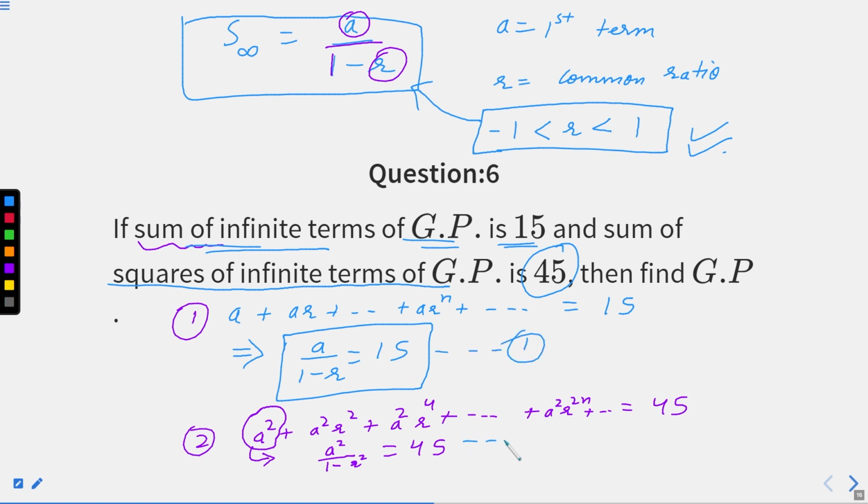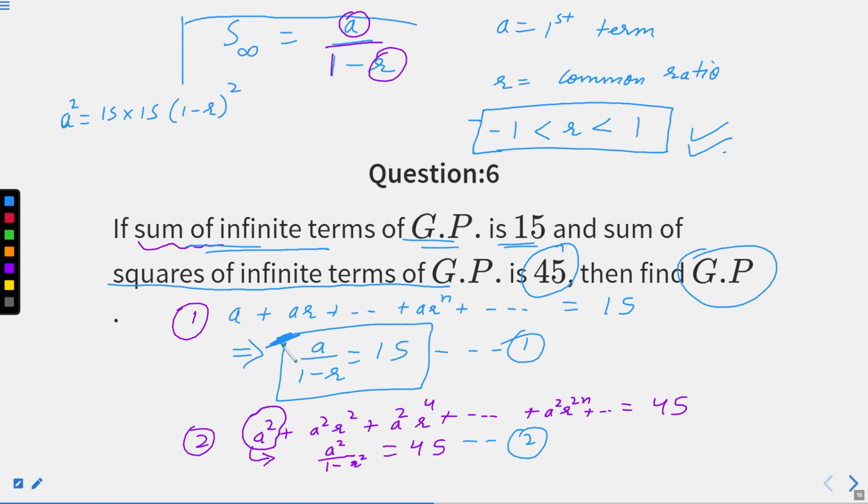Clear? Now we have arrived at two equations and two variables, so we can easily solve them to find our GP. So let's do that. I'm writing here. From the first equation I can write A square as 15 times 15 times (1 minus R) whole square, I'm just squaring this equation.